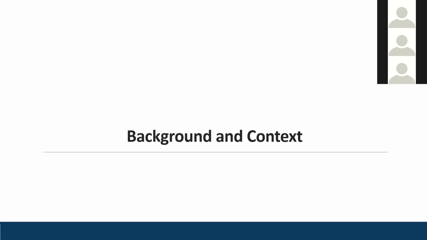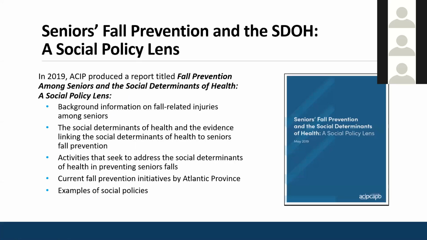All right, and to give you again some background and context to the work we've done around these topic areas and the links. So in 2019, ACIP did develop a report titled Fall Prevention Among Seniors and the Social Determinants of Health, the Social Policy Lens.